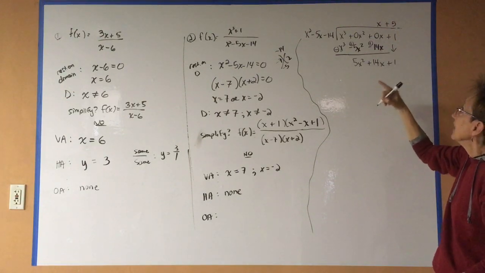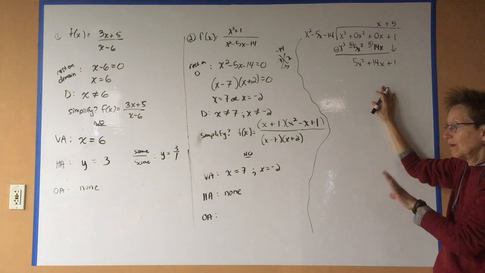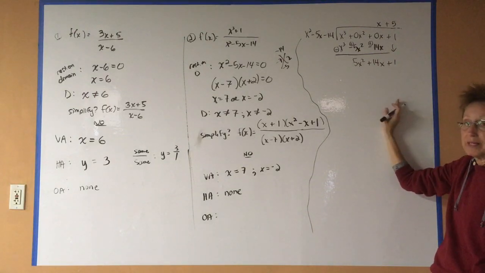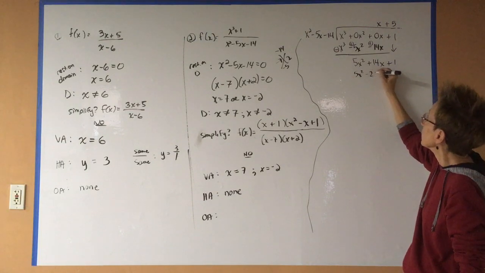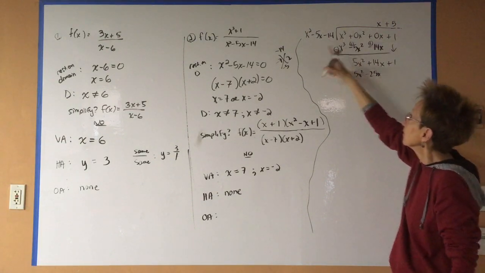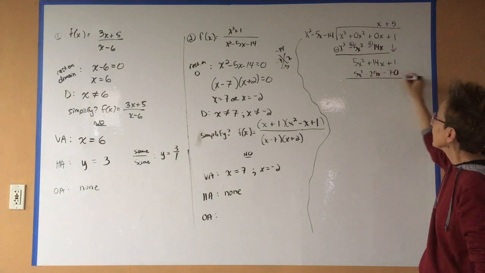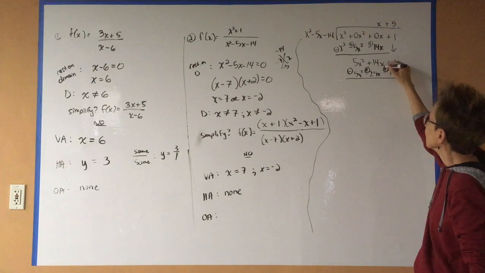And now the question is can I stop here? Because remember, all I'm trying to do is get the quotient. The rest of this is going to be the remainder. In other words, if I multiply this out, I get 5x squared minus 25x, 5 times -5x. 5 times -14 is -70. I take that whole line, I subtract it, so I change all the signs.